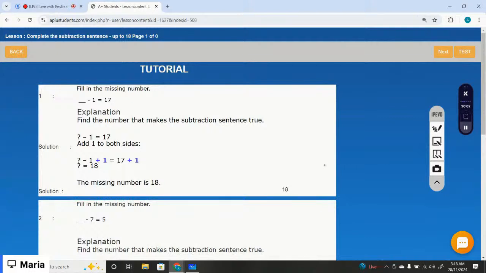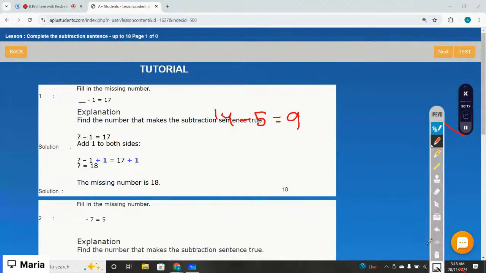So how do we find the missing number? 1 is subtracting, right? So you have to undo the operation. Add 1 both sides. So minus 1 plus 1 is 0. You are left with just the question mark, and 17 plus 1 makes 18. The correct option is 18.